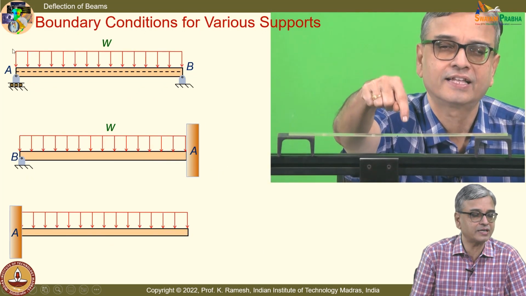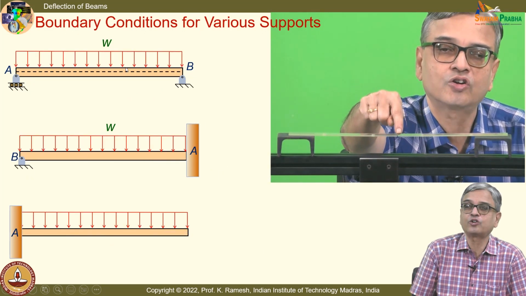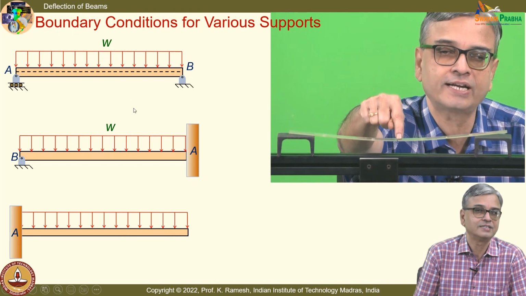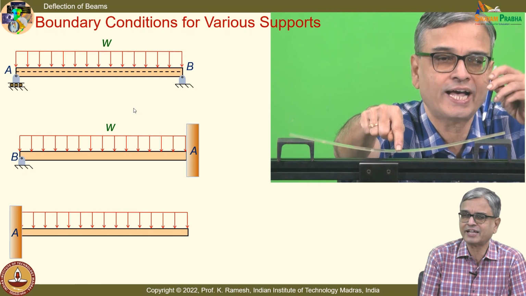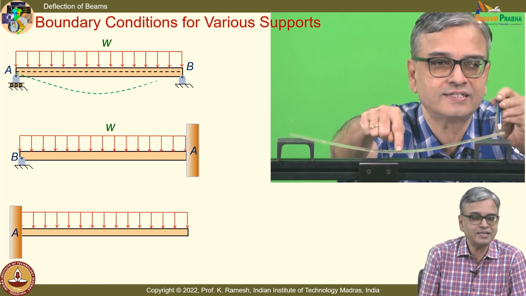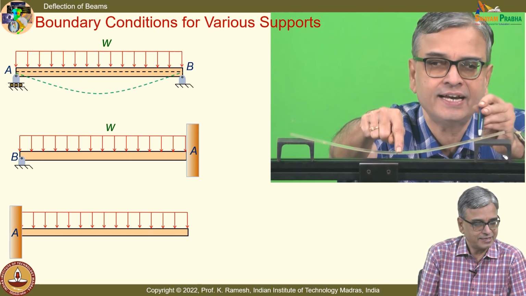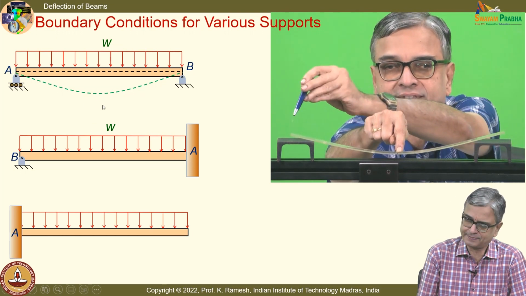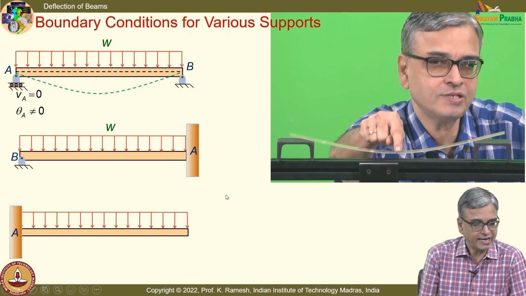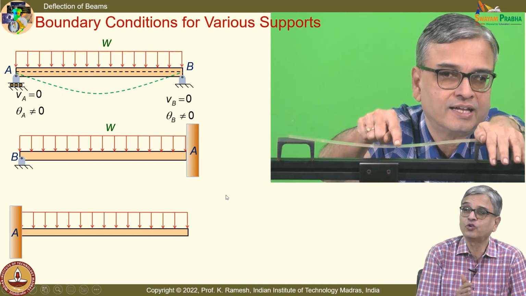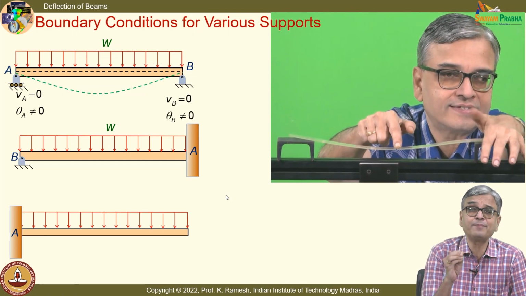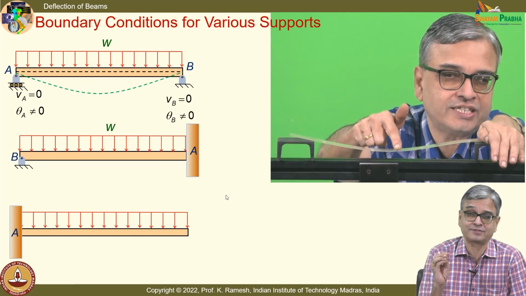Suppose I have, instead of a concentrated load, a distributed load. The distributed load disturbs the beam very lightly. Okay. So, you will have a similar displacement, but the magnitudes can be smaller. So, the idea is you should not worry about the nature of the load, you should worry about how to handle the support.